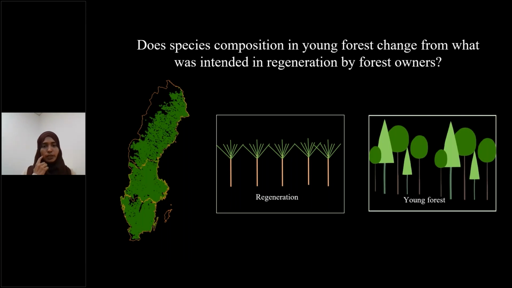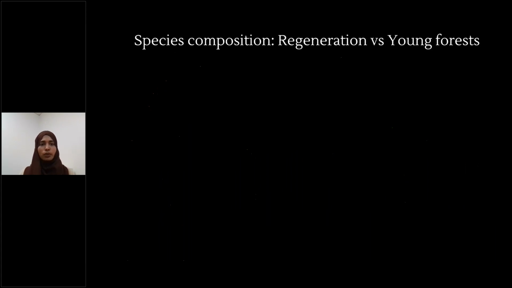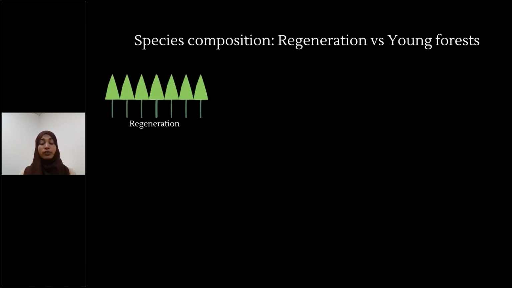And just to mention that Norway spruce is mostly planted in southern Sweden and Scotch pine in northern Sweden. So when we look at the regeneration species composition in young forest, it was mostly either Scotch pine or Norway spruce.